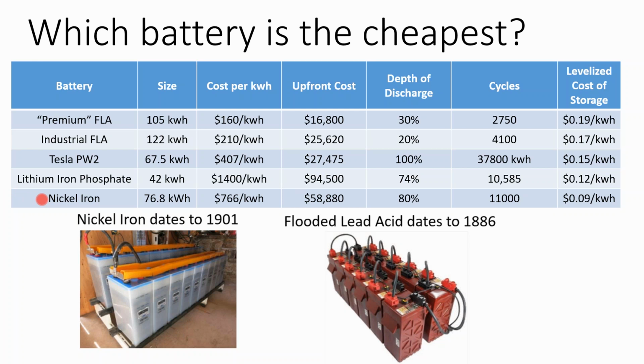And so we modeled a few different sizes of battery banks, and we'll get into why we're doing industrial FLA at 122 kilowatt hours versus a solar or renewable FLA battery at a smaller size. Some of this nuance just comes from what is the most cost-effective size within a given manufacturer's product offering.